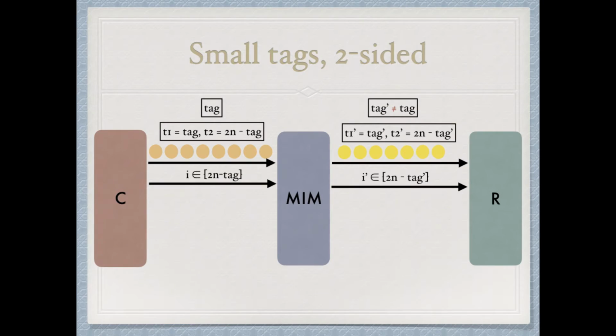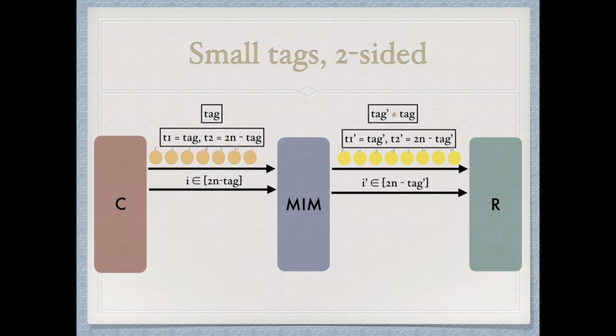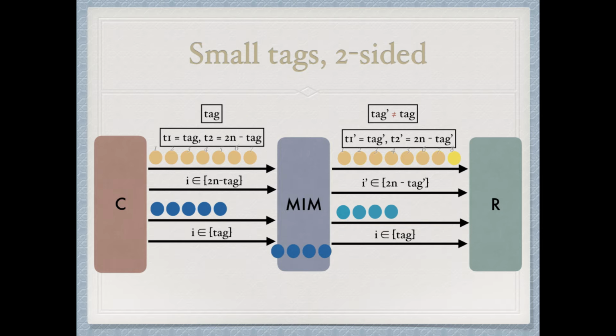This is a pretty standard technique in previous papers: add more rounds and commit to the message m using first 2n minus tag number of commitments and then using tag number of commitments, so that the man in the middle is going to fail in at least one of these situations, and send the bigger one first. Suppose he tries to copy, he misses out here. In the other situation, maybe he succeeds in the first case, but then he's going to miss out in the second case. This is pretty standard in previous works, but the problem is that the number of rounds goes up.